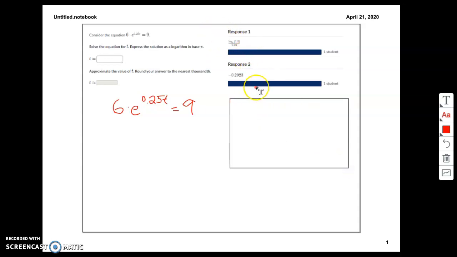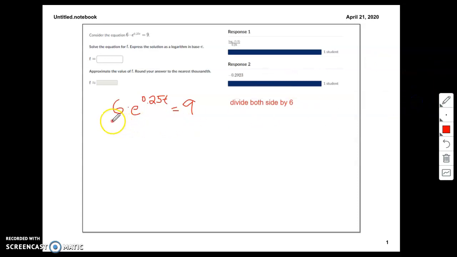Okay, so I divide both sides by 6. And what did you do after that? After dividing by 6, I get e to the 0.25 T equal to 1.5.